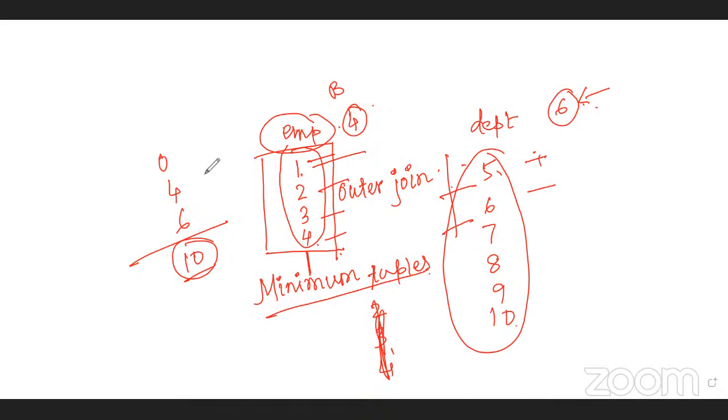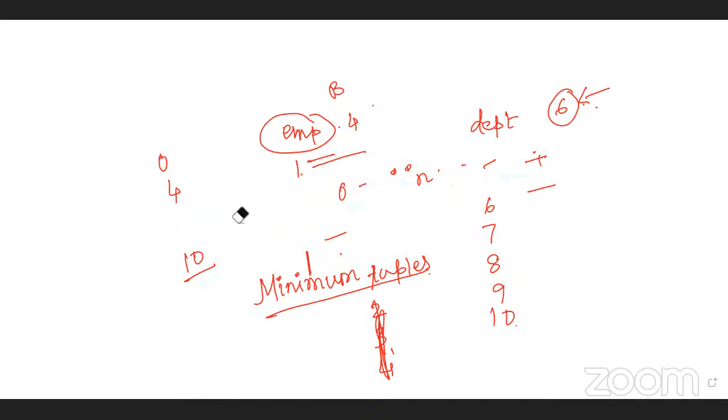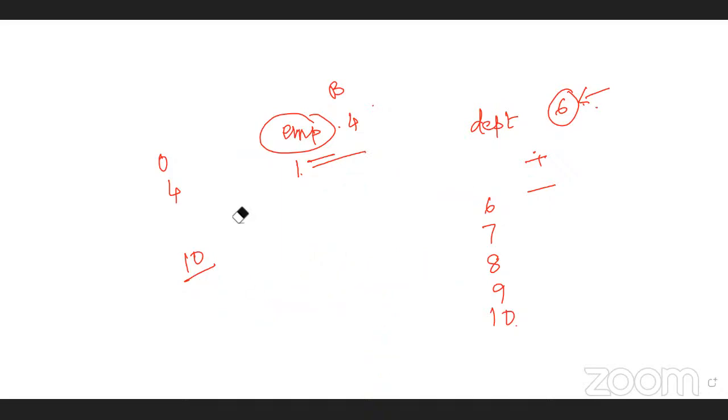Sir, employee is a table and department is a table, and the entries are like this: 1, 2, 3, 4, and 5, 6, 7, 8, 9. Let me tell you, the question is like that: the employee has 4 tuples and the department has 6 tuples.